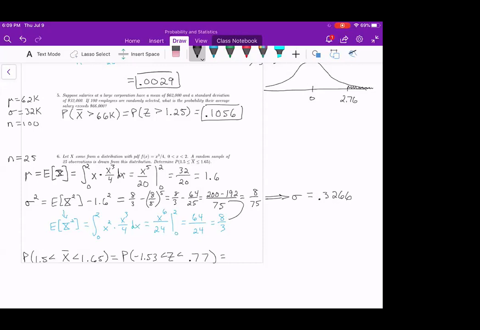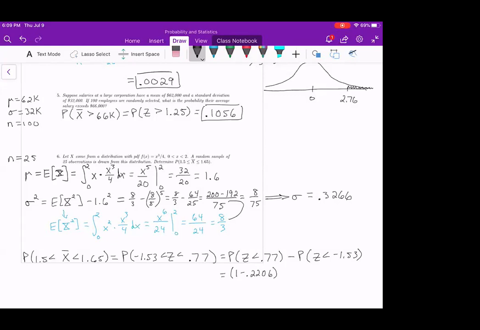And so the area between these two values is the same as the area to the left of the bigger value, and then removing the area to the left of the smaller value. Using your standard normal table, the area to the left of positive 0.77, you would get from 1 minus 0.2206.